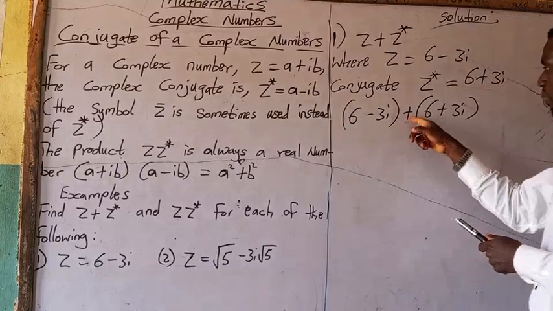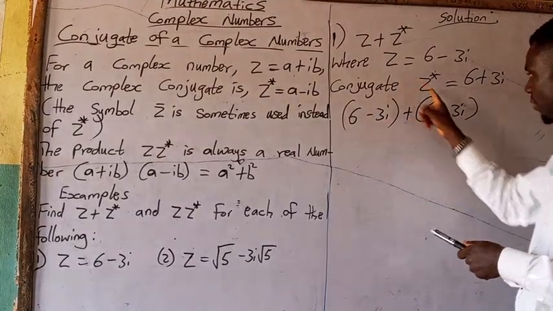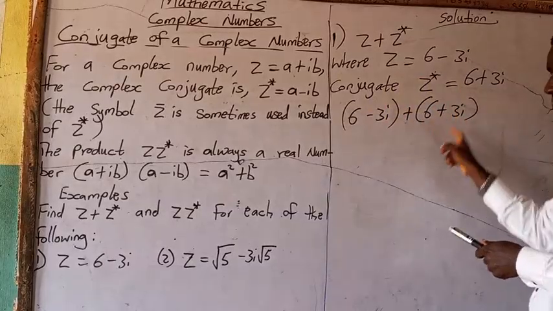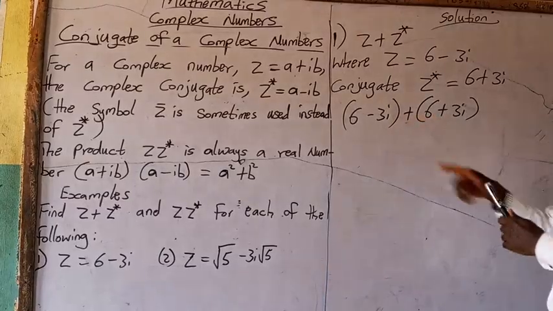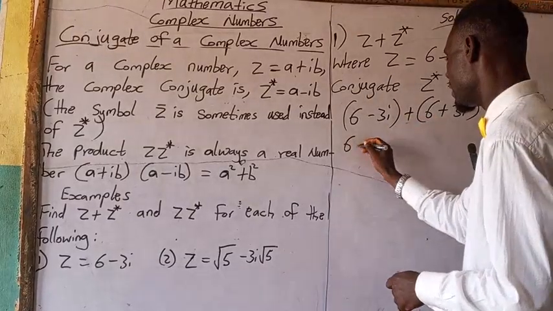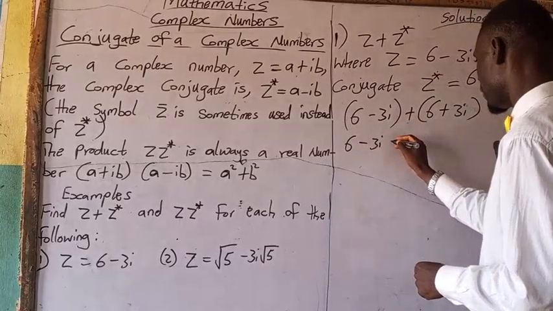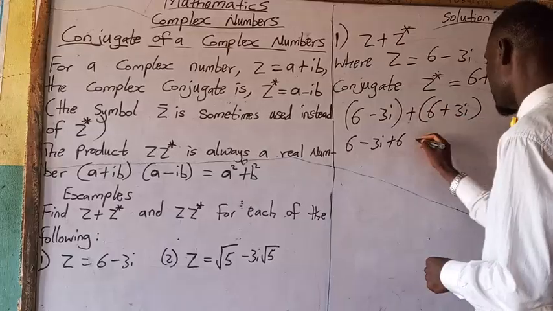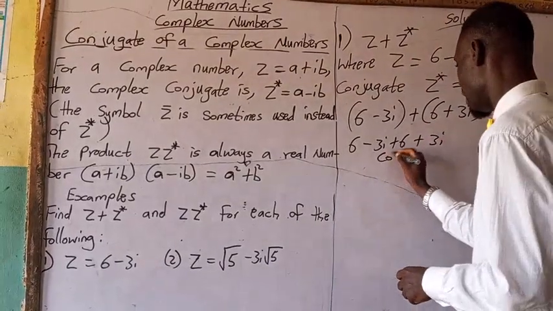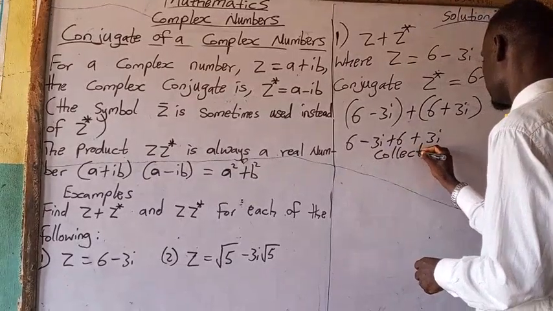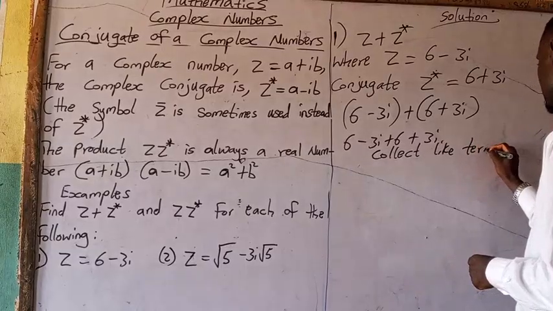You use this plus to open this bracket. Remember, assuming it was times, that is when I'm going to use 6 times this, or this times this. But since it is plus, what you got to do is open the bracket with this plus. So this one remains stationary. This plus this will give us plus 6. This plus this will give us plus 3i. Now, collect like terms.